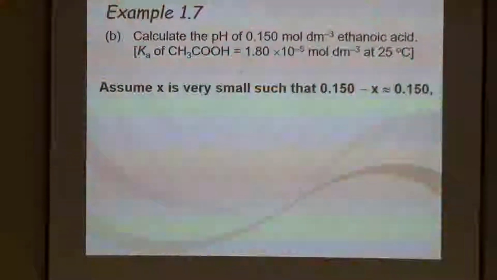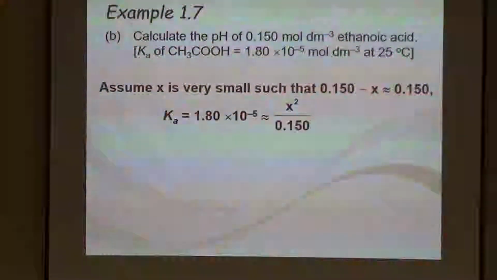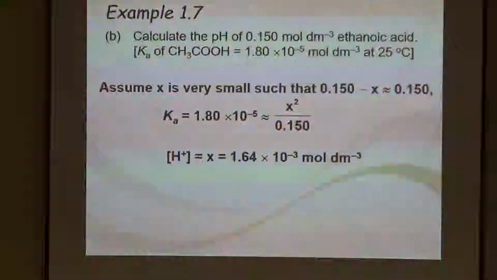So for ionic equilibria, you can make an assumption that the X is very small. I stress this for ionic equilibria. You cannot do this for normal chemical equilibria. Because in this case, we know that the value of X is much smaller than the initial value. So you can make that assumption, and therefore the Ka expression simplifies to this.